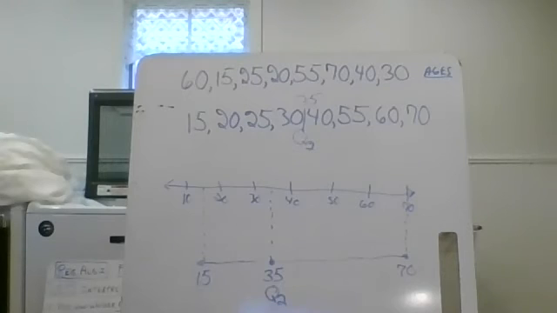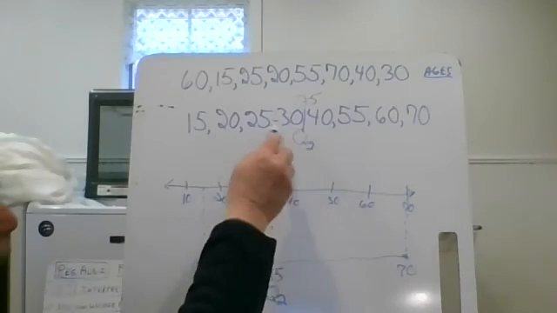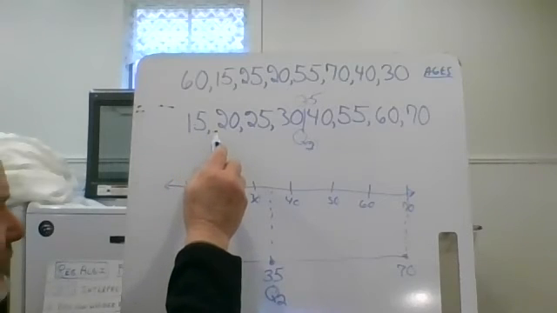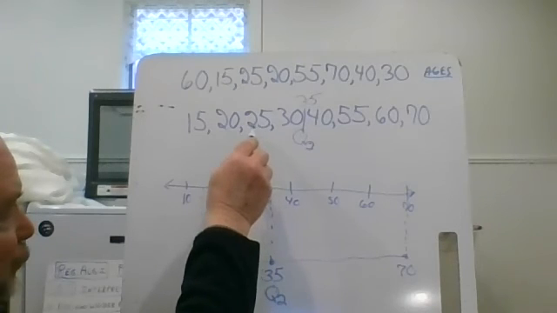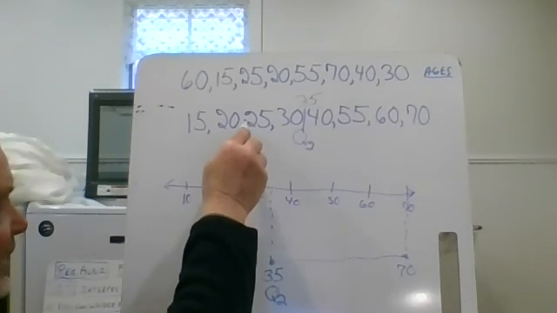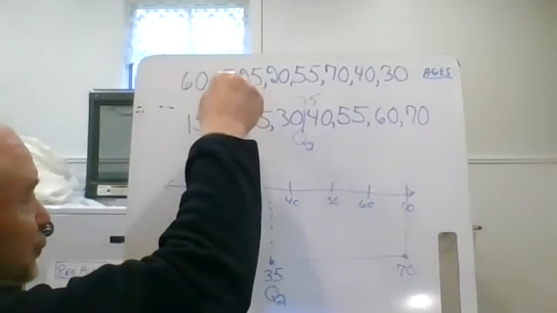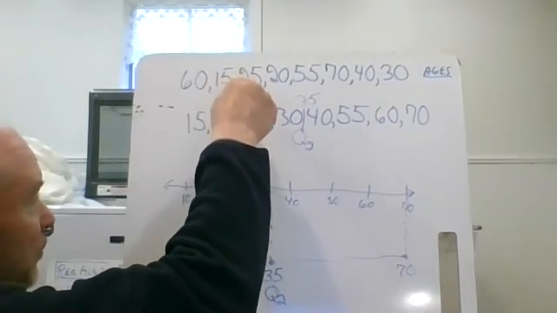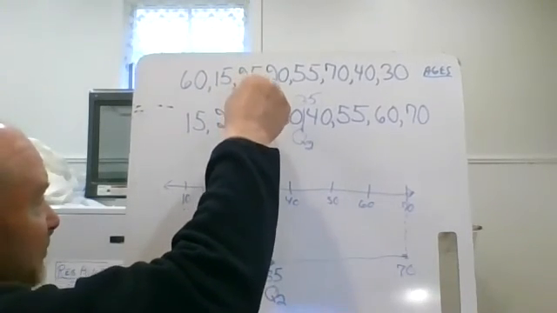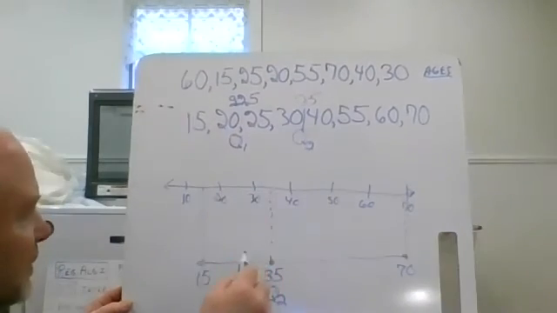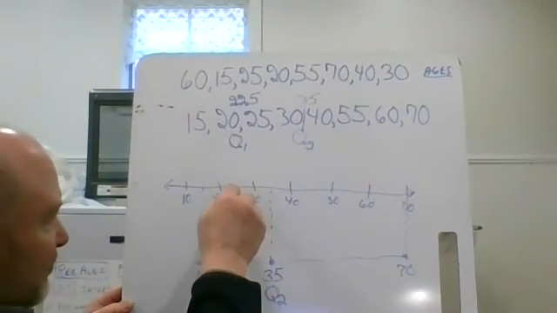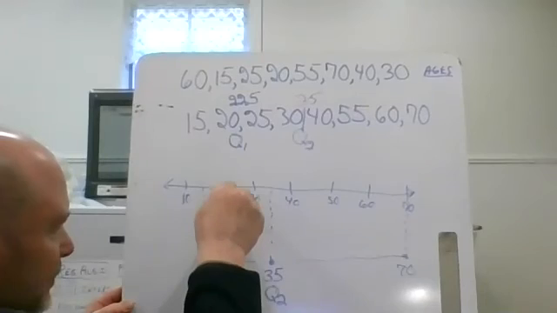Now we have to compute Q sub 1. And so you take the 4 values to the left and you find the median. So it would be the second and third values, you take the average. And that's going to be 22.5. And that's going to be Q sub 1. So 22.5 is about here.